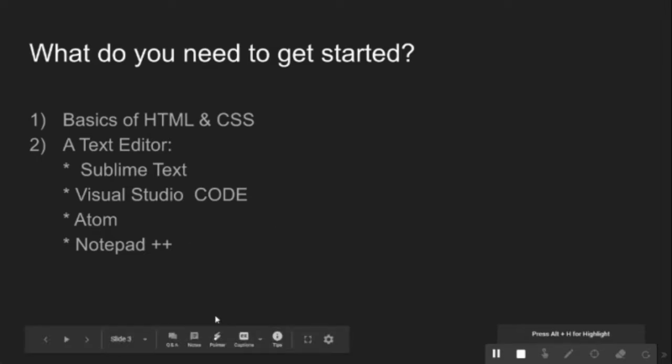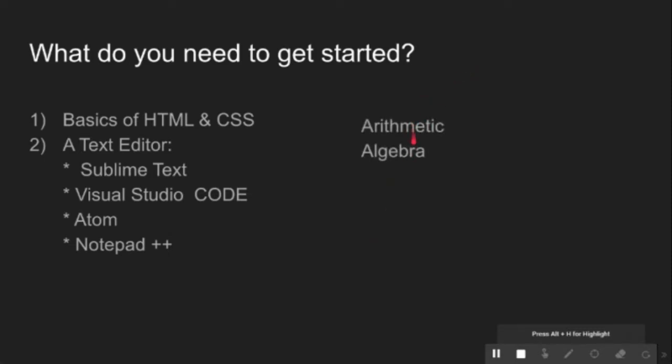Use which text editor you feel comfortable with. Also, I personally recommend you know at least arithmetic and algebra, but I leave it up to you. You decide whether you have to know it or not.